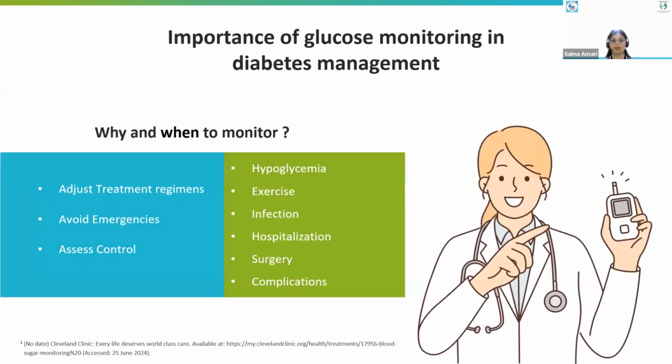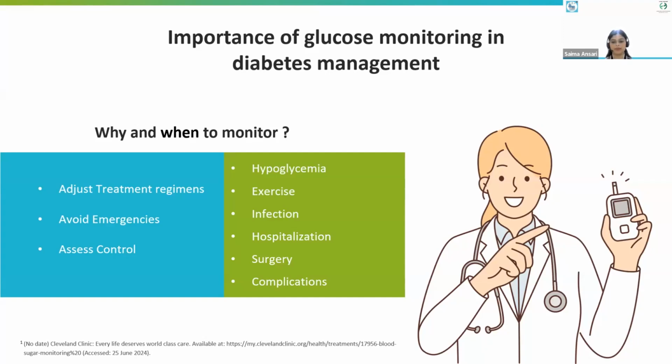Why do we need to check blood glucose, and what is the importance of it? To adjust the treatment, avoid any kind of emergencies, and have better control, we need blood glucose monitoring. To prevent hypoglycemia, and during exercise, we need to check sugars before and after.